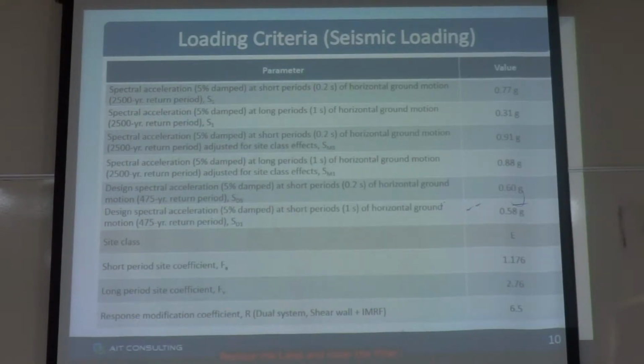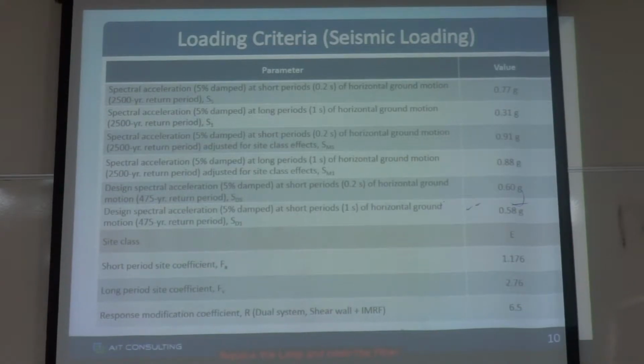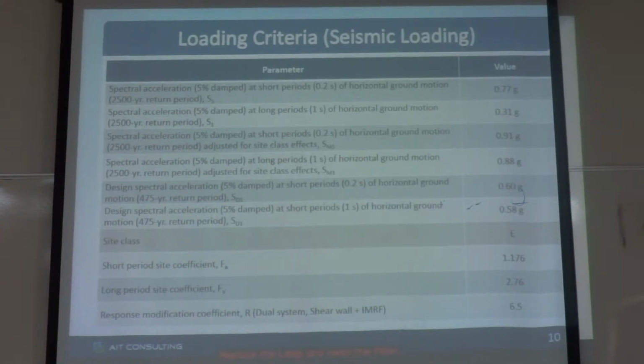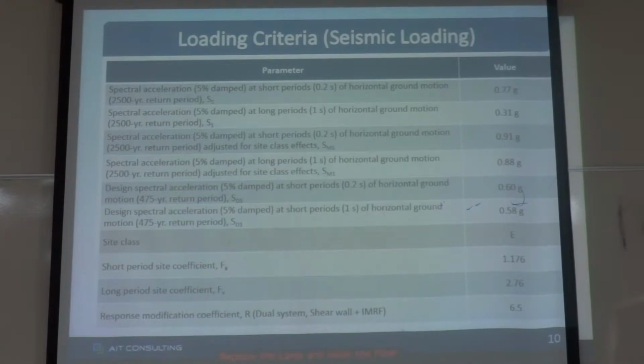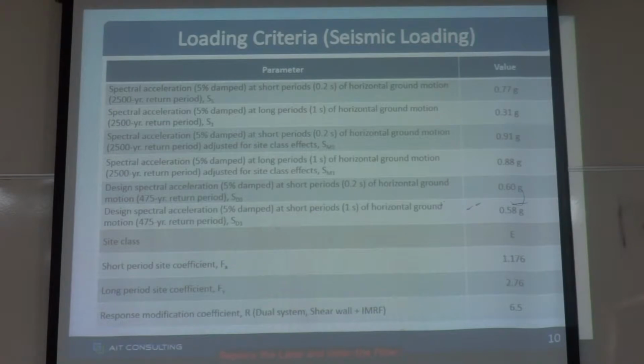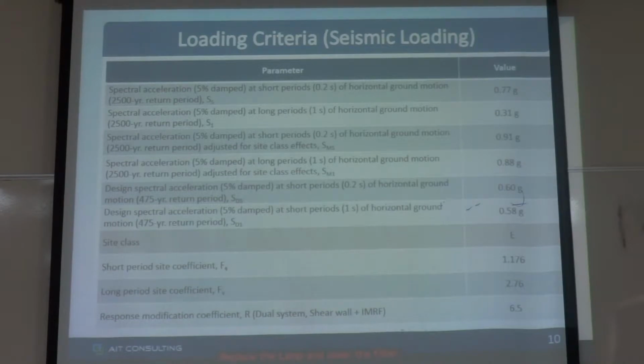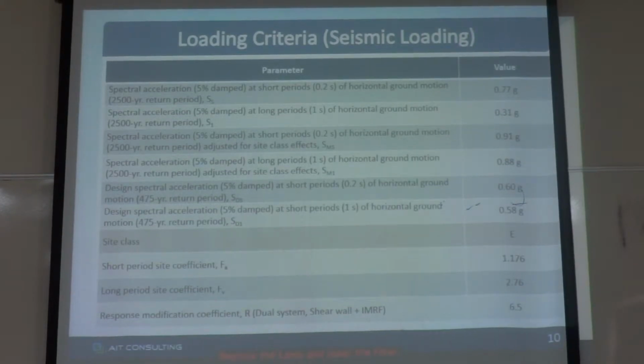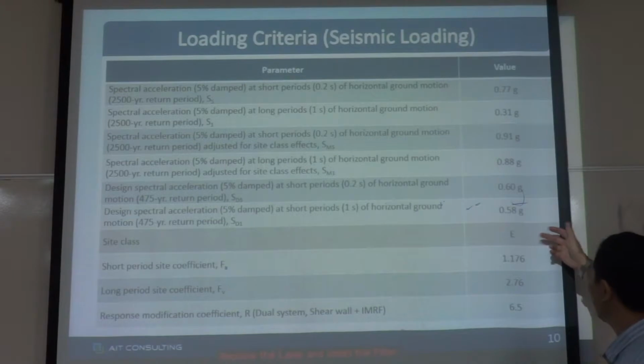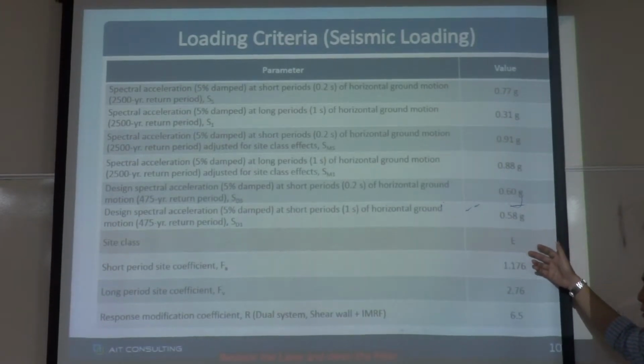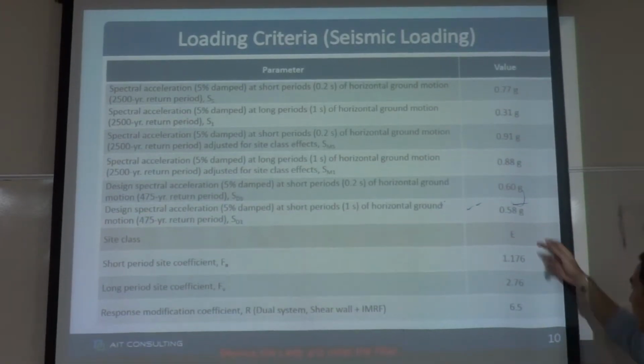Site class B is hard soil. If the soil is not good, if the soil is soft at the site, we have to amplify the demand forces. The forces will be increased. In this example, the site class is E. Normally, the code gives these 2 parameters for site class B, so for site class E, we have to magnify the forces by the factors.